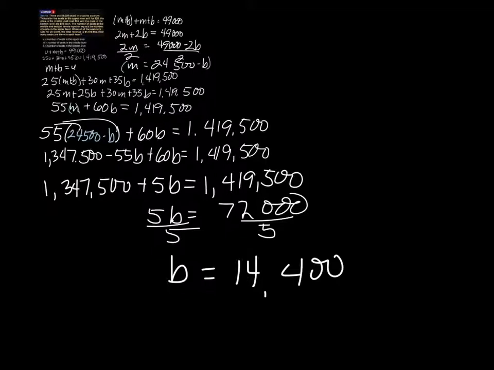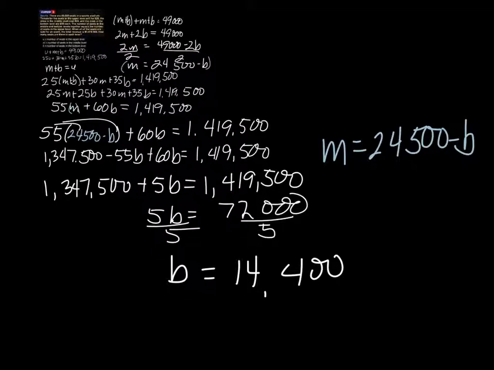Now we can go back to one of those two equations and get m. Oh, we have a lovely equation right up here. M equals 24,500 minus b. I rewrote it so we could see it.